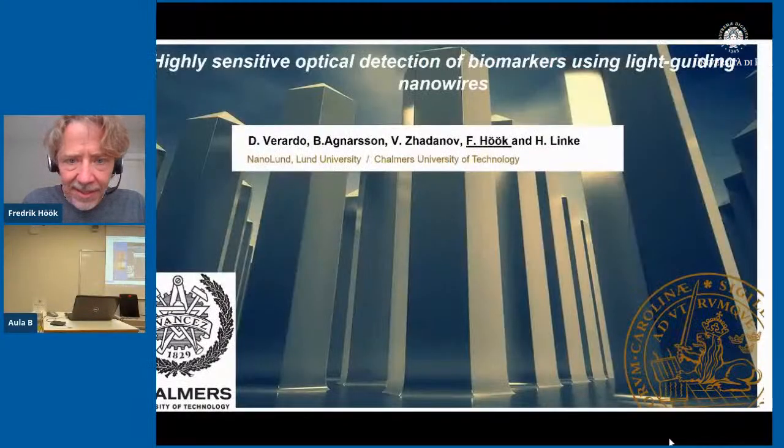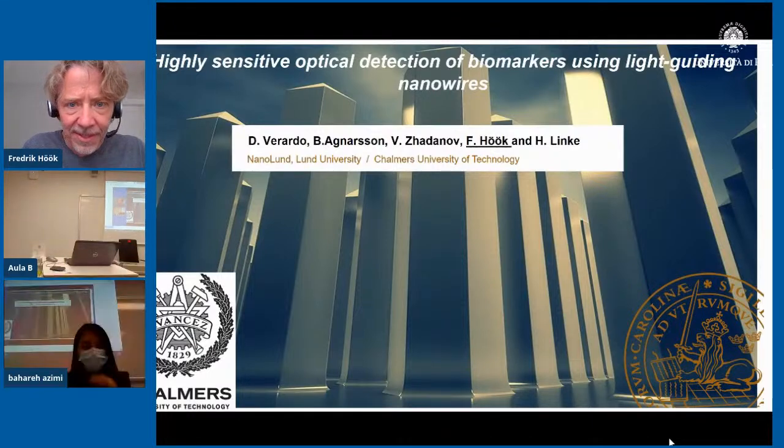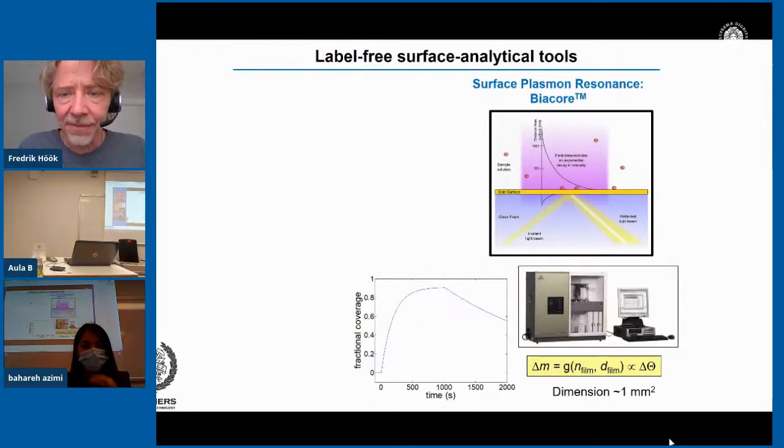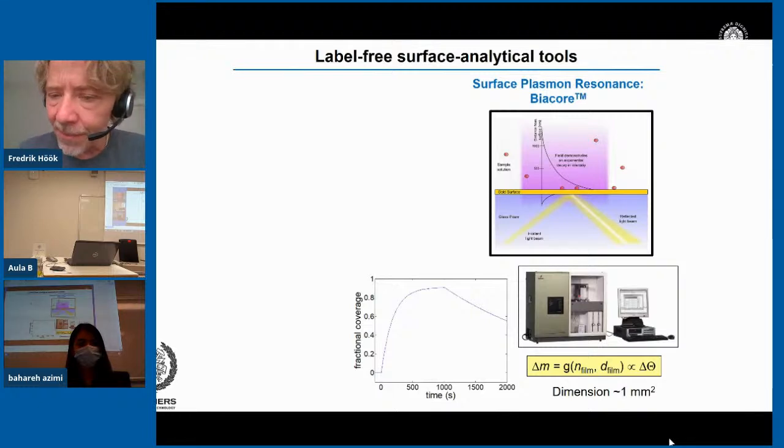The reason that I became engaged in this collaboration stems from my previous work on label-free surface analytical tools. This morning we listened to a very interesting presentation on imaging SPR. I mostly used conventional surface plasmon resonance to probe the interaction between biomolecules, one of which is immobilized on the sensor surface.